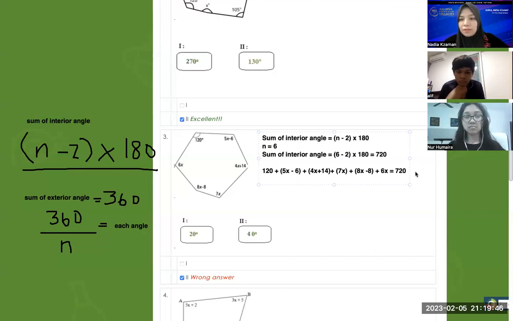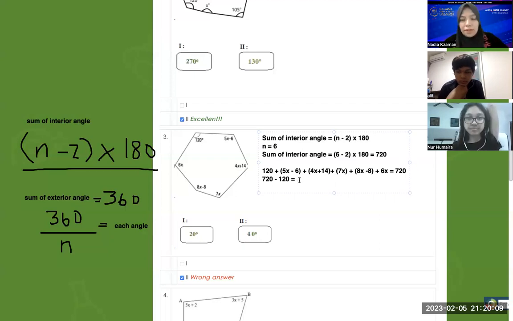So here it is plus, what will it become here? It will become 720 minus 120. So you bring this one up here, and then here, I just maintain this 5x.